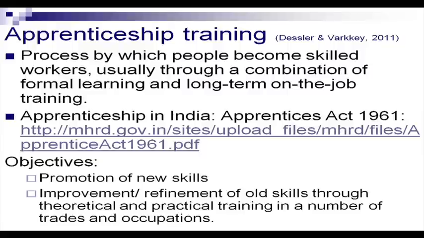It also gives the trainee an avenue to improve and refine old skills through theoretical and practical training in a number of trades and occupations. So, they take their old skills and apply them to new situations, under, of course, the guidance of a mentor.